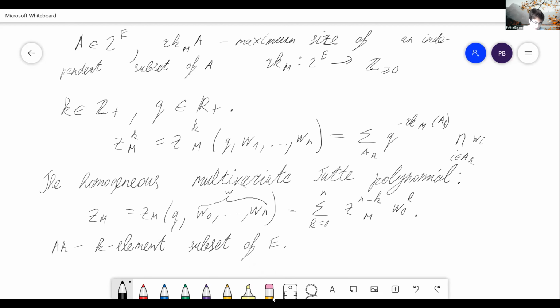And I want to note that if we set W0 to be equal to 1, then we will just receive the partition function of the Q-state Potts model, which we're not interested in. Sorry, one more question. Do we suppose that n is the number of elements in E?